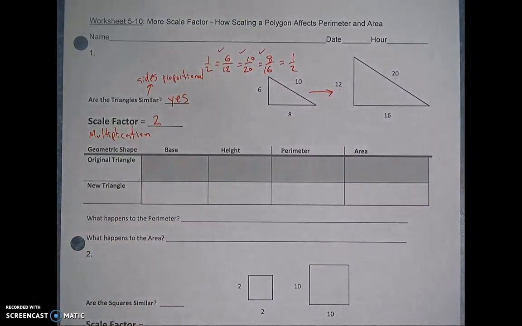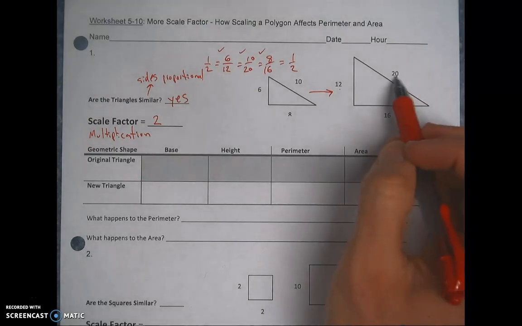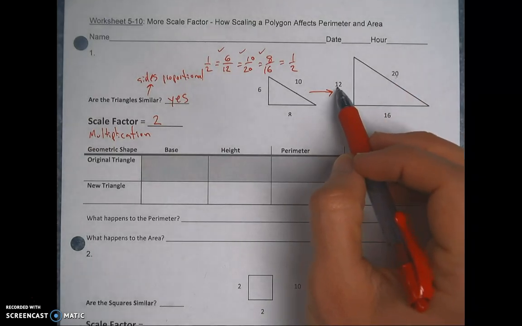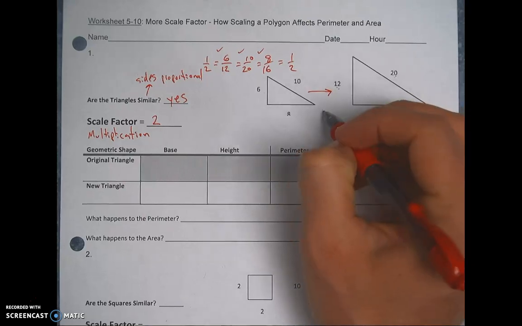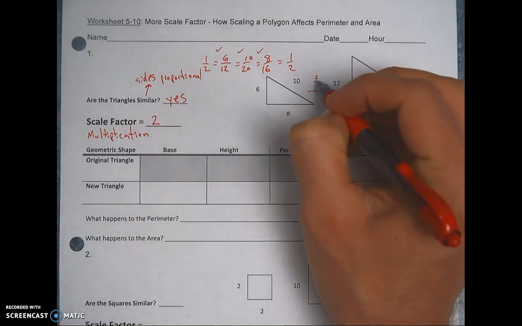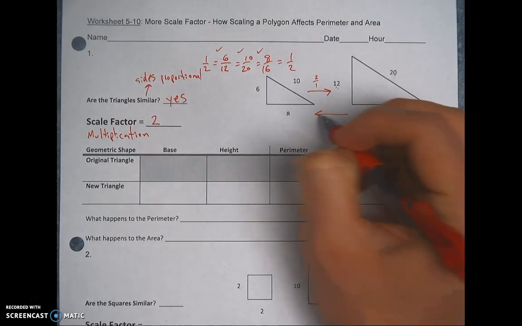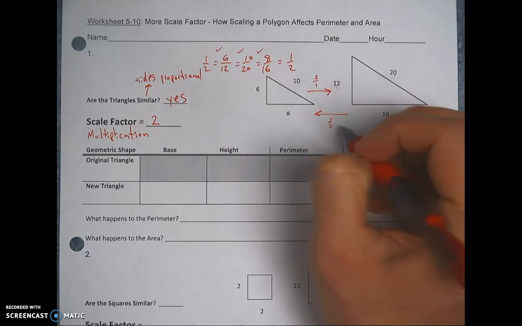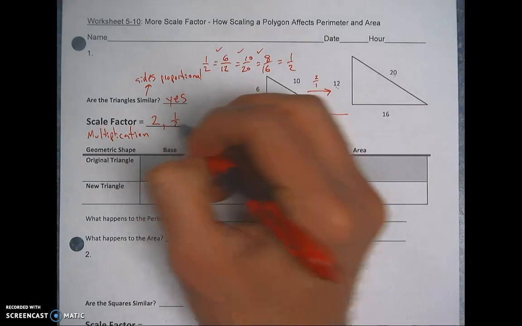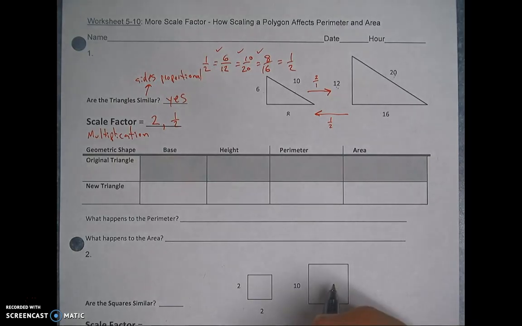So multiplying by 1/2 gets you from 20 to 10. Multiplying by 1/2 gets you from 12 to 6. And we talked about going this way is times 2, or 2 over 1. Going this way, it's going to be the opposite, 1 over 2. So the two scale factors here, depending on which direction we're going, are 2 and 1/2.